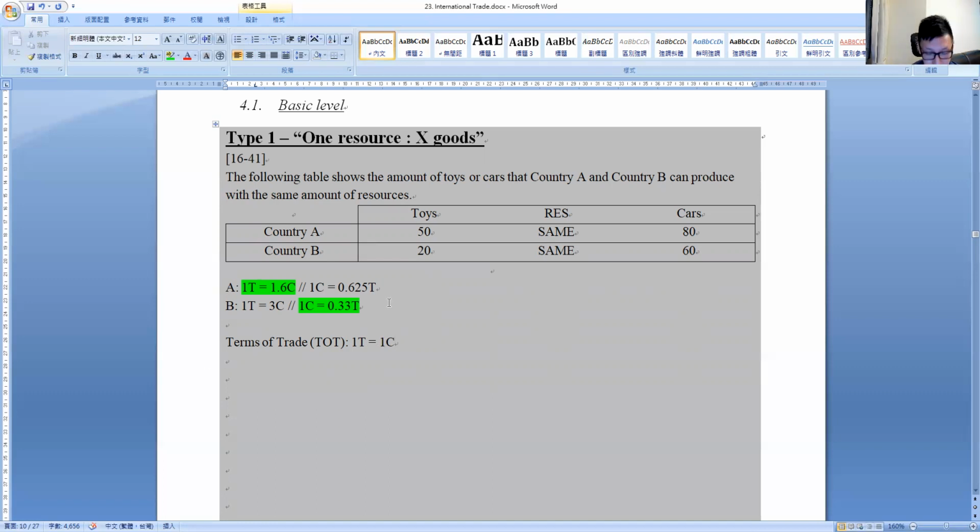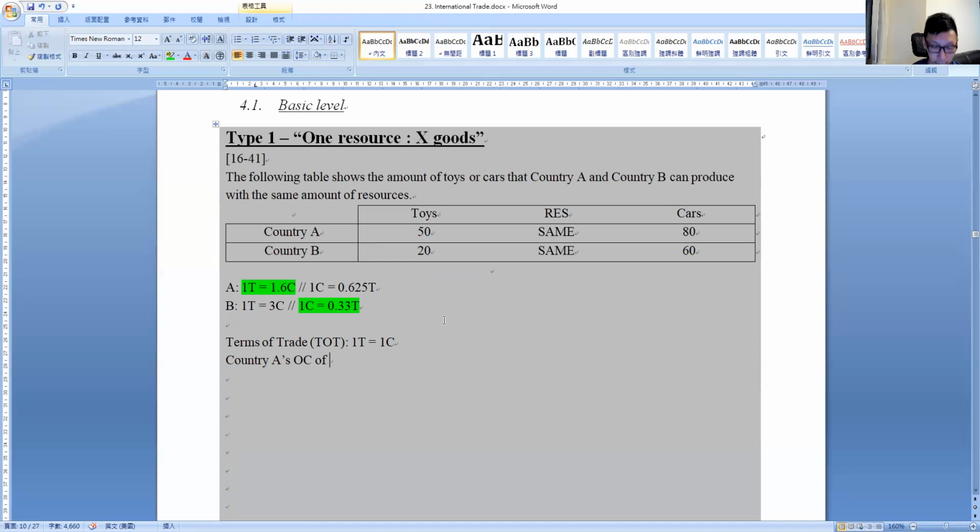So what happens? Let's think about country A. We think about two things. Country A's opportunity cost of producing one toy. Maybe I should use another angle instead.